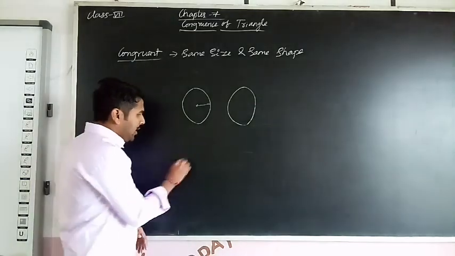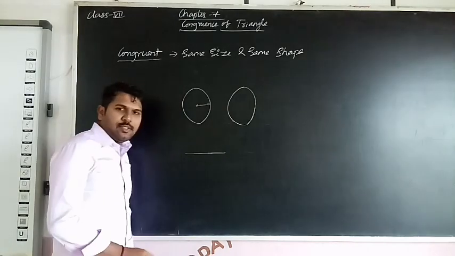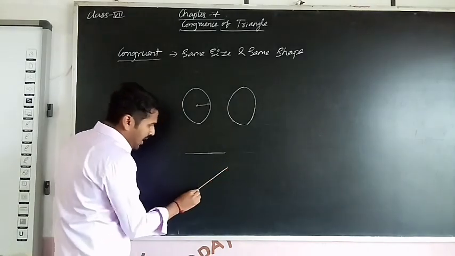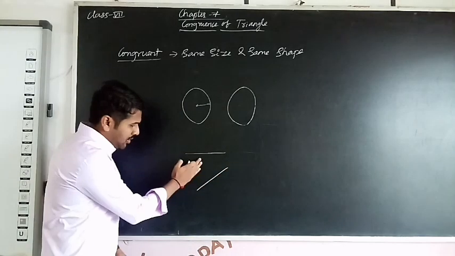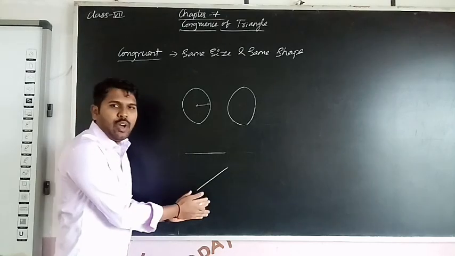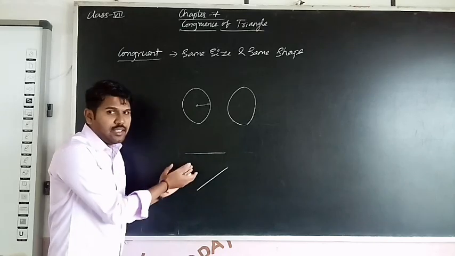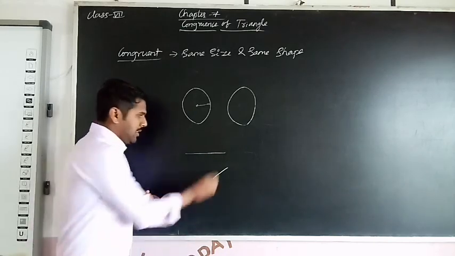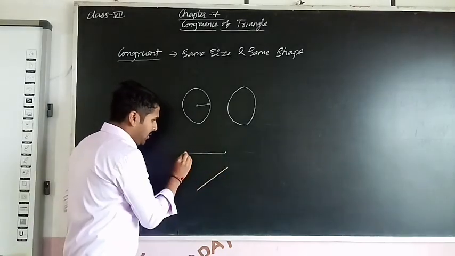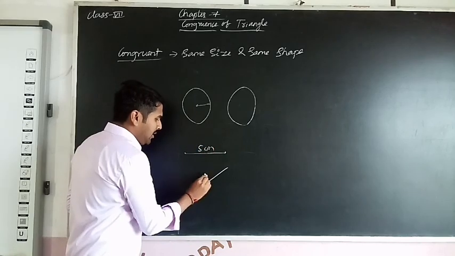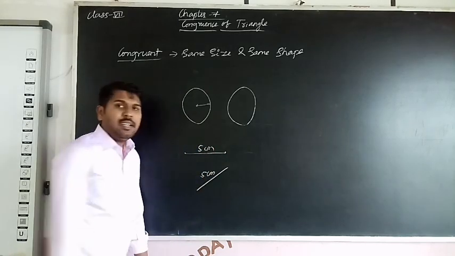So let's take a line. So this is one line and this is another line. So these two lines are congruent. Why? Because they are the same shape. Shape means they are lines, and size. So this is 5 centimeter and this is also 5 centimeter.